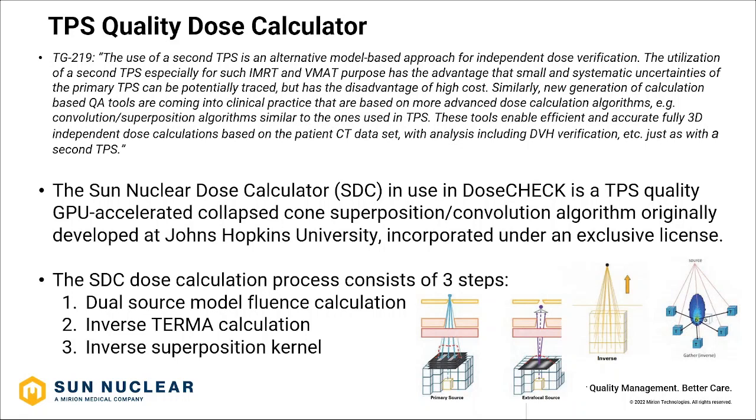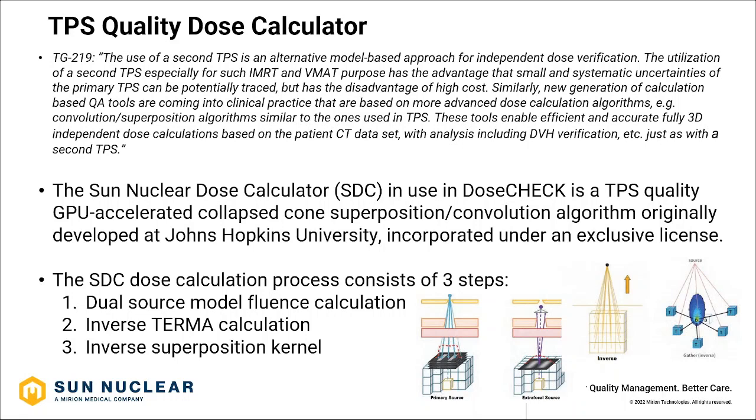Now, a more cost-effective option would be to use a secondary MU dose calculation program that uses an advanced 3D dose calculation algorithm, similar to a convolution or superposition algorithm. And this program should be able to perform an independent dose calculation based on the patient's CT data set and provide analysis which includes DVH information. So very similar to using a secondary treatment planning system.